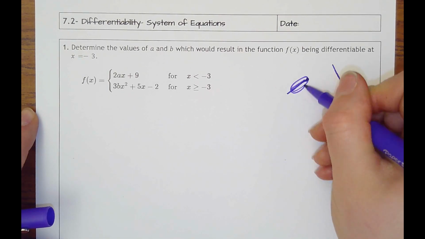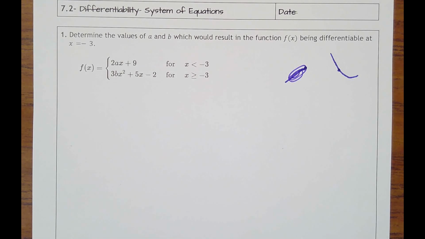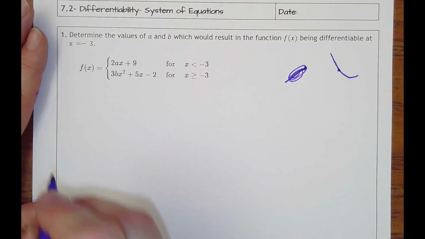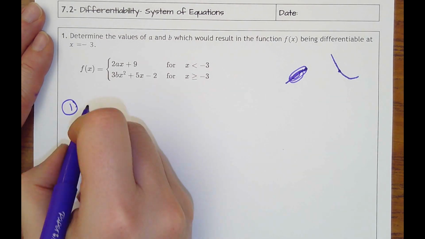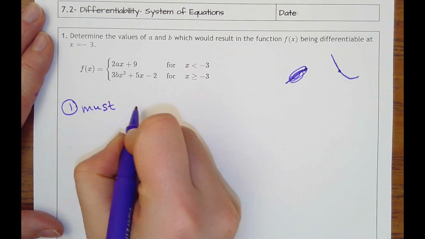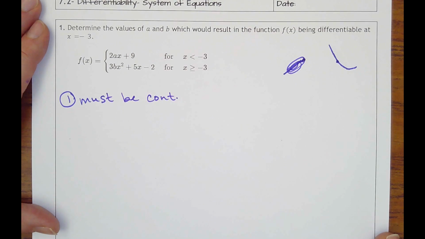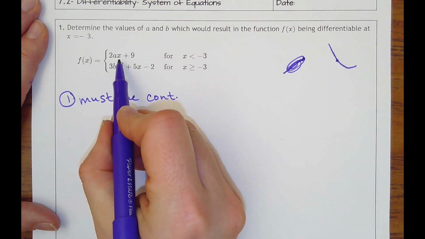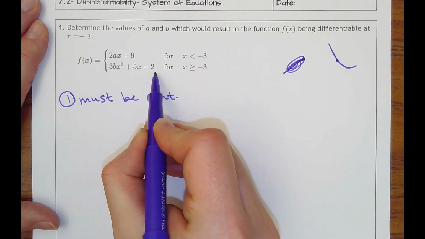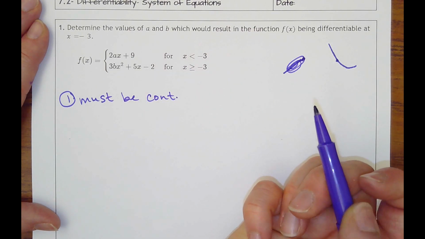Okay, so what we know is that, number one, they have to be continuous. So we need to make an equation that will say that. That means this has to equal this. And we're going to plug in x is -3.